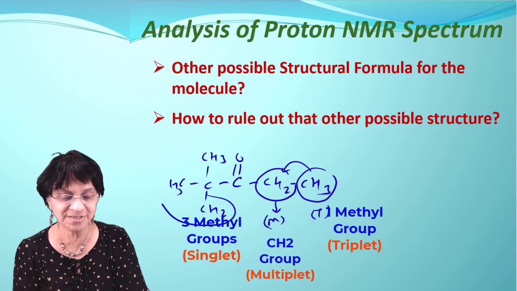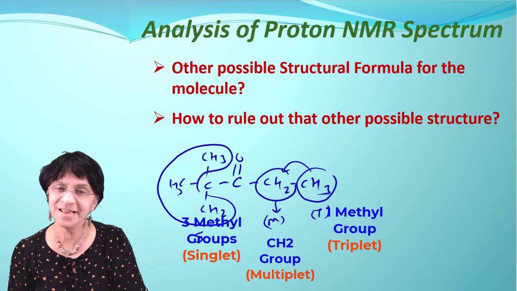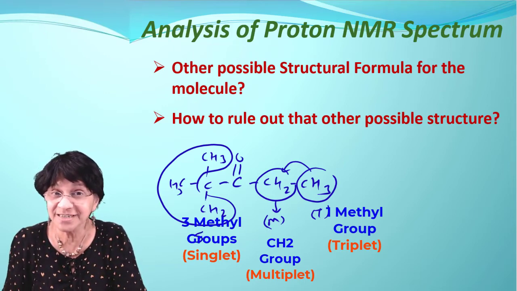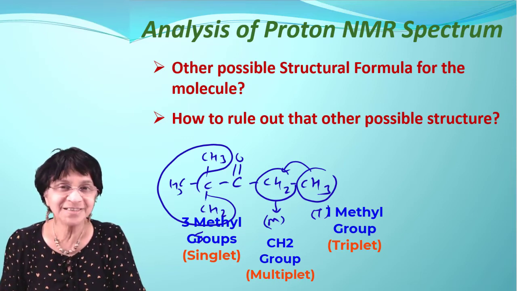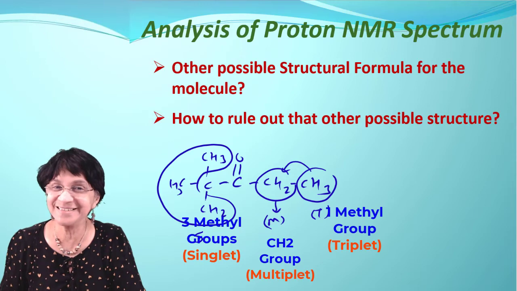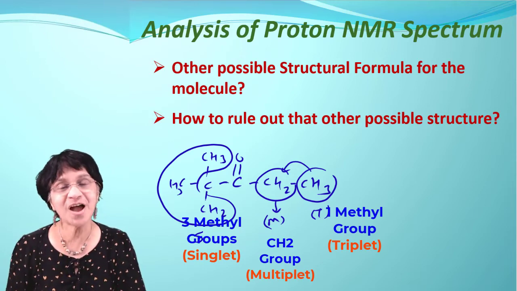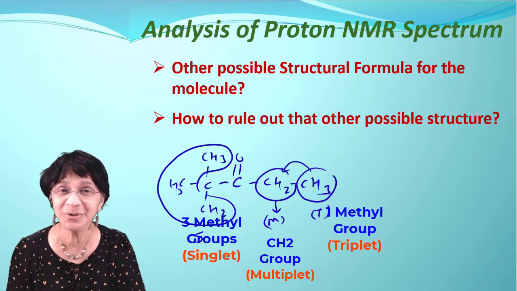And of course, these 9 protons will still show a singlet. So your NMR is going to look totally different. The chemical shifts will be different too, and also the multiplets will be different, although the number of peaks will still be 3. So proton NMR is a wonderful, powerful tool.